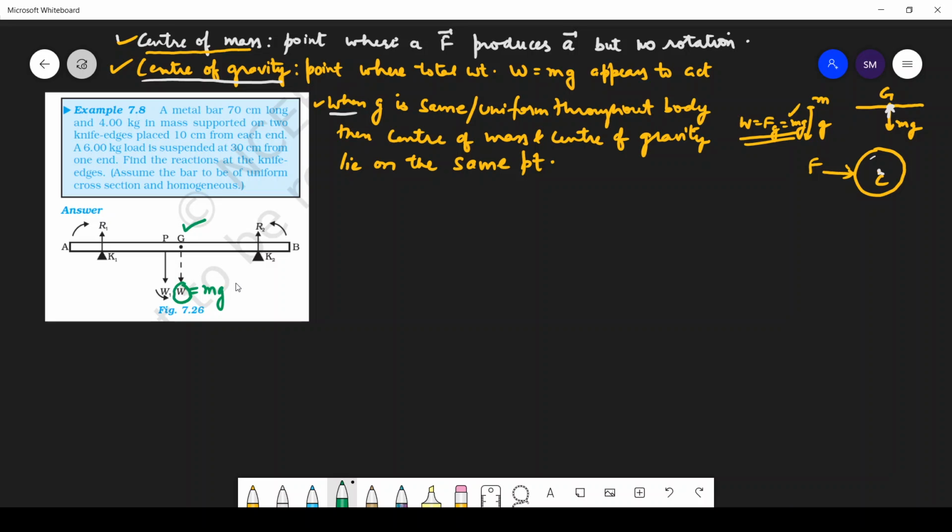Now in this question, a metal bar of 70 cm is given to us. The metal bar is AB, so AB is equal to 70 cm. Now 4 kg means the mass of the rod is 4 kg.